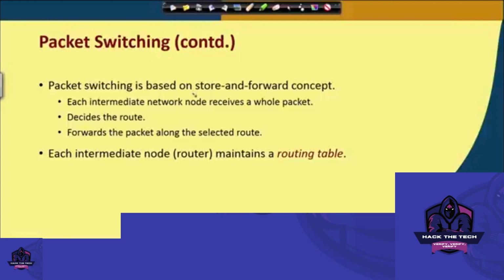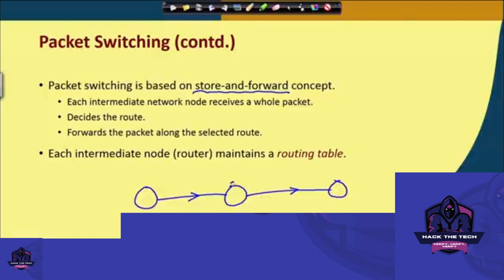There is another concept here that is used. This is a very important concept which is called the store and forward concept. The idea is as follows. Let us say I have a node here, a node here, and a node here. I am sending some data first to here and this node is forwarding the data to this node.